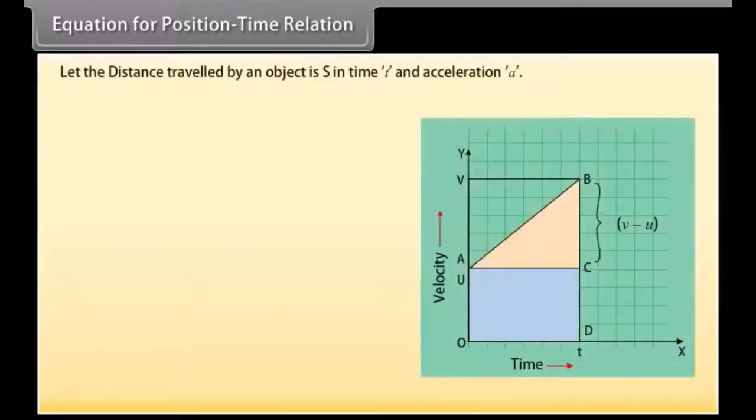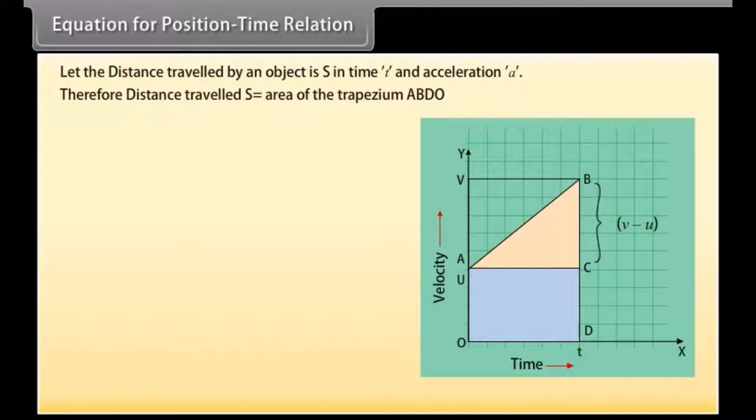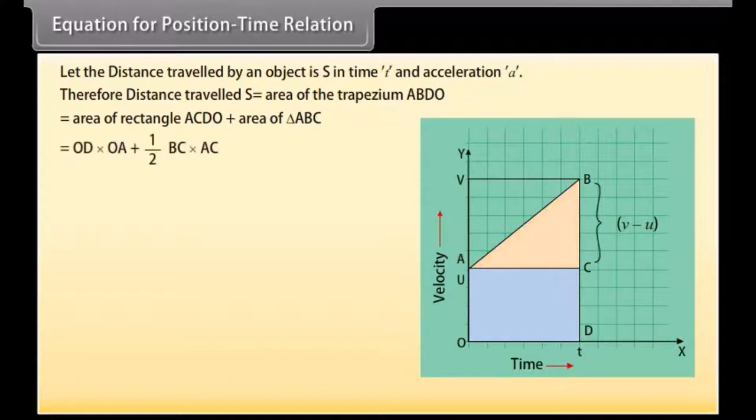Equation for position-time relation. Let the distance traveled by an object be s in time t with acceleration a. We can see that the distance traveled by the object is obtained by the area enclosed within the graph. Therefore, distance traveled s is equal to the area of the trapezium ABDO, which equals the area of rectangle ACDO plus the area of triangle ABC, which is equal to OD into OA plus 1 upon 2 BC into AC.